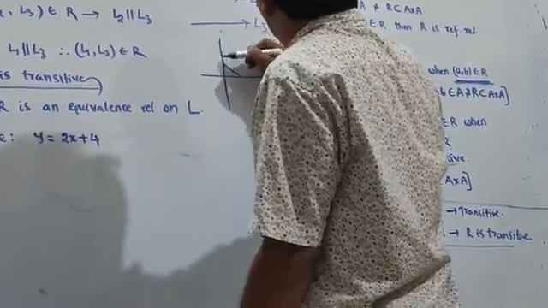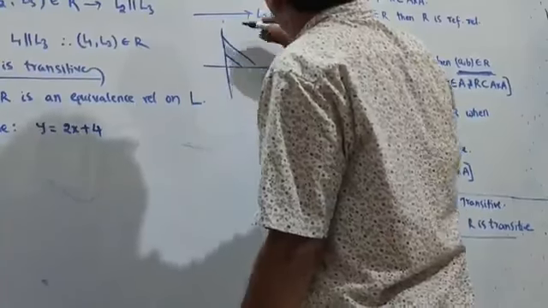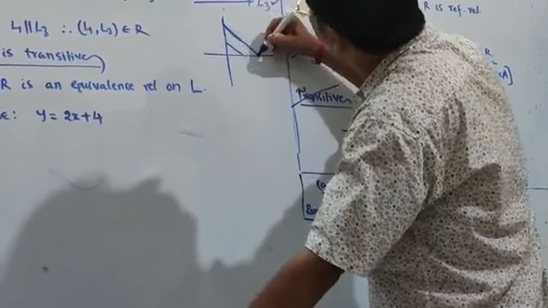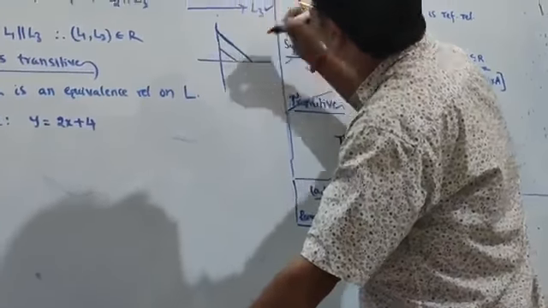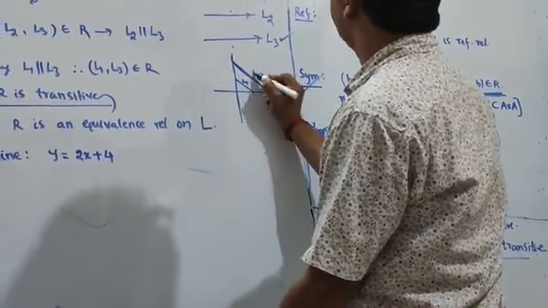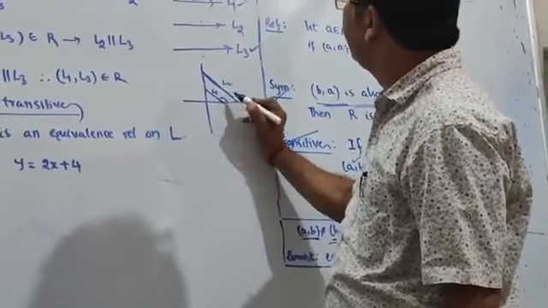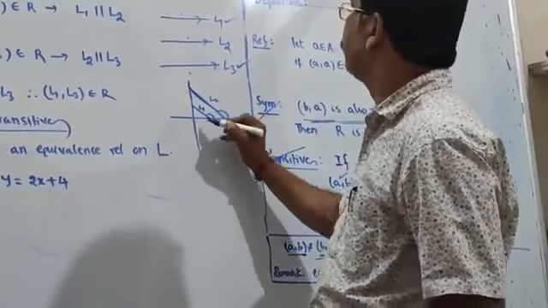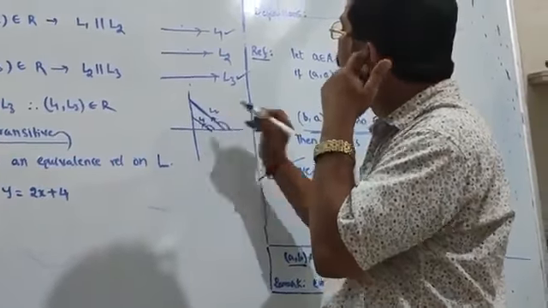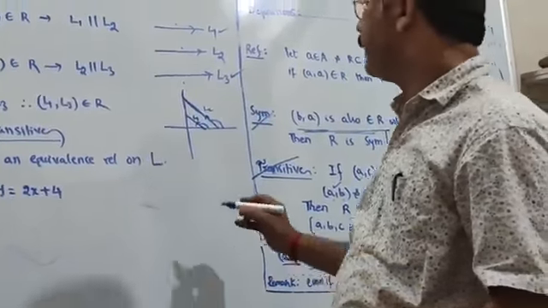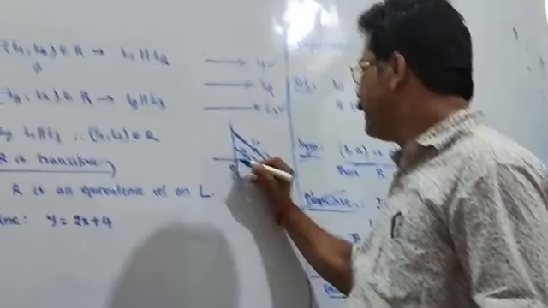So this is L1. Next, this is L2. Observe, these angles are the same. That's why these two are parallel. And we notice the y-intercept.